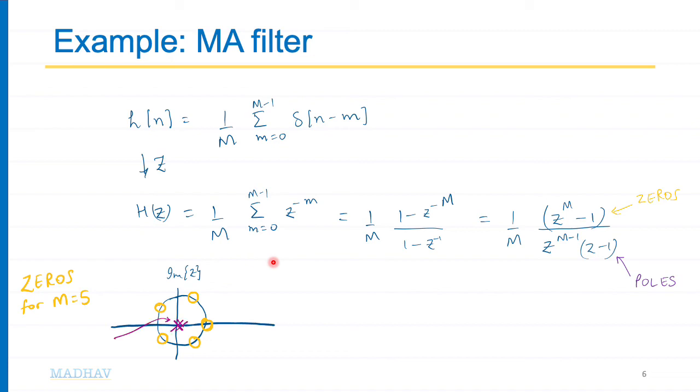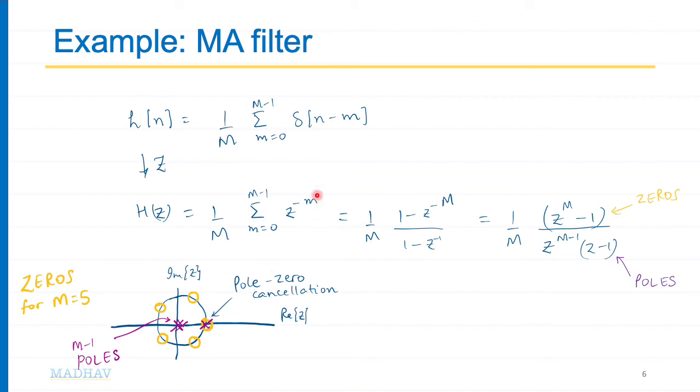Now let's look at the poles. You can see that there are M minus 1 poles at z equal to 0, and there is one pole at z equal to 1. And now you see that this one pole and one zero get cancelled, and we see a pole-zero cancellation.